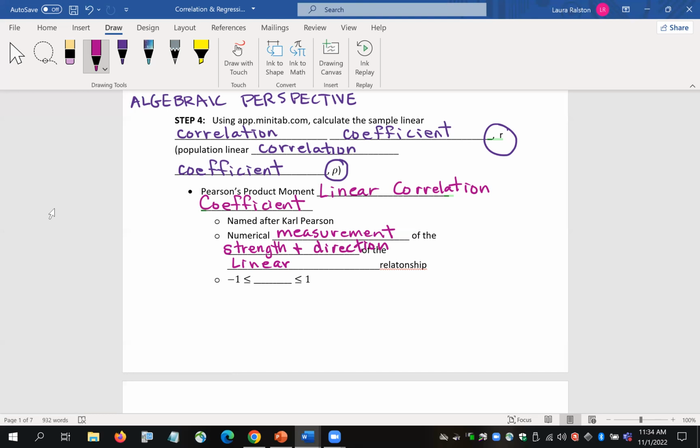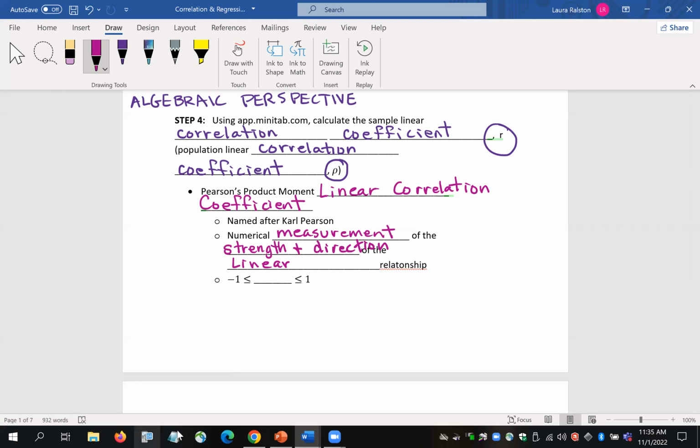Let me stress to you that this measurement, the sample linear correlation coefficient, or the Pearson product moment linear correlation coefficient, whatever you want to call it, is only used for linear relationships. It's only used to determine if there is a linear relationship, the strength and the direction of a linear relationship.